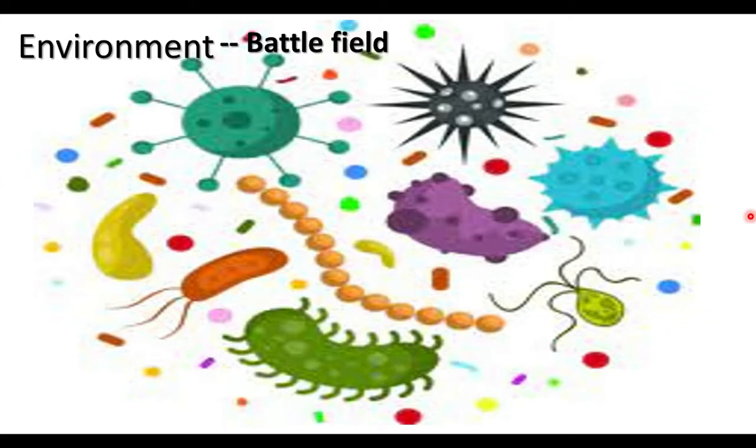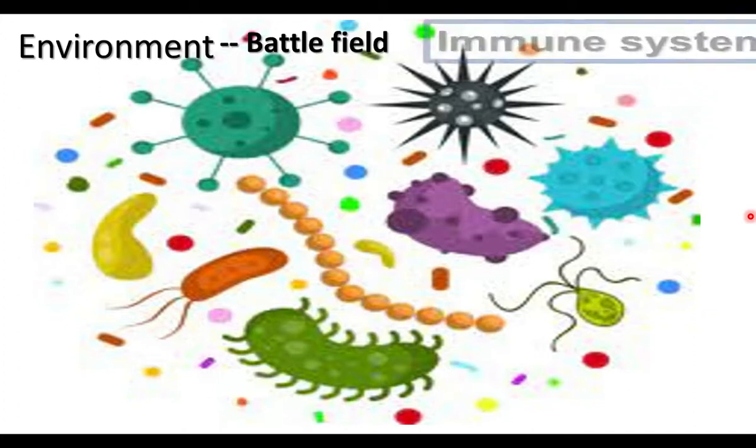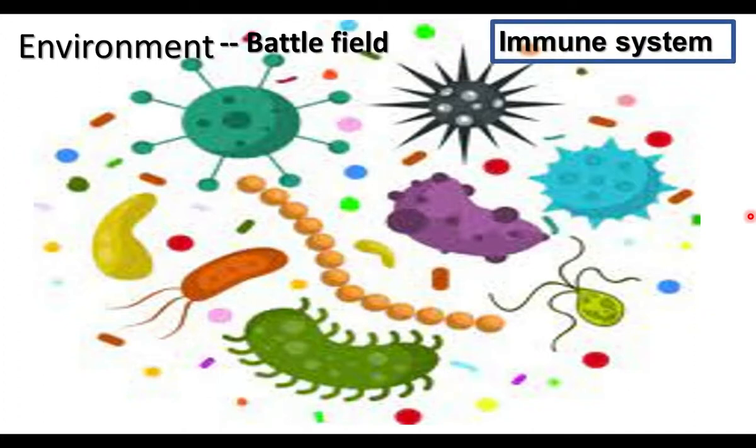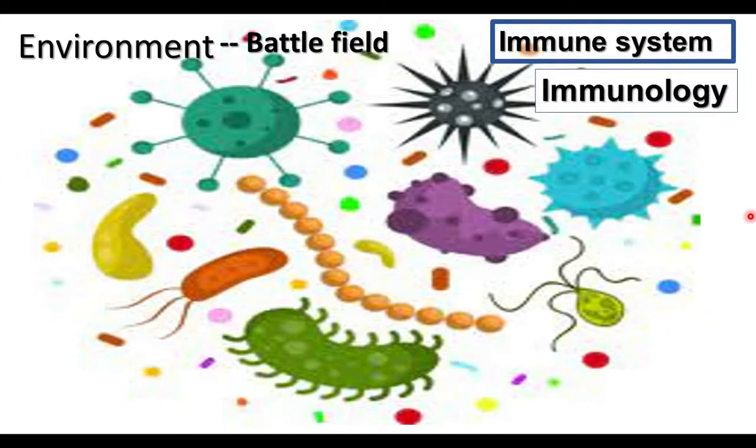In order to fight with these disease-causing organisms and protect the body, we have a system that is called the immune system. The immune system fights against disease-causing organisms and destroys them. The study of the immune system is called immunology.